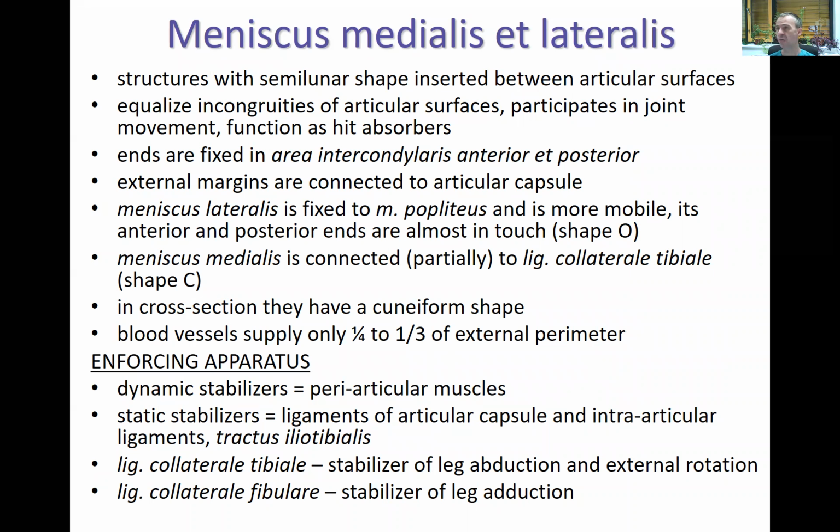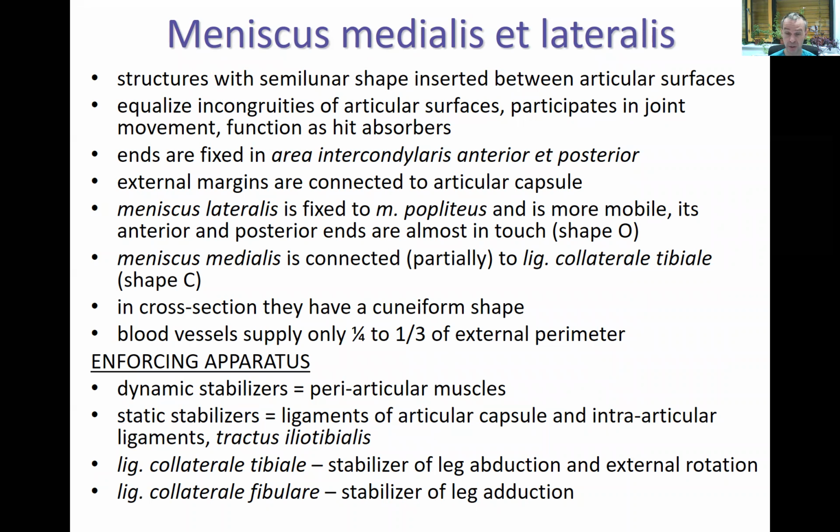They are fixed and moved by muscles, the lateral by the popliteal muscle, and the medial by the semimembranosus muscle. The medial meniscus is fixed to the tibial collateral ligament. The lateral one is not fixed to the fibular collateral ligament.